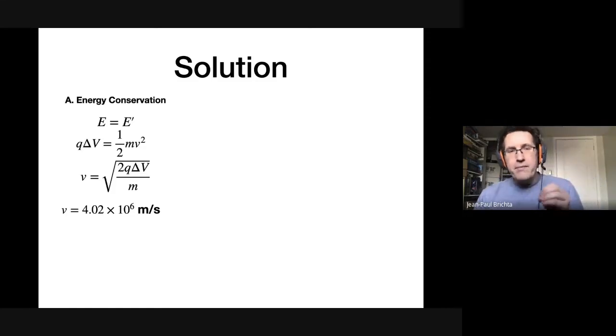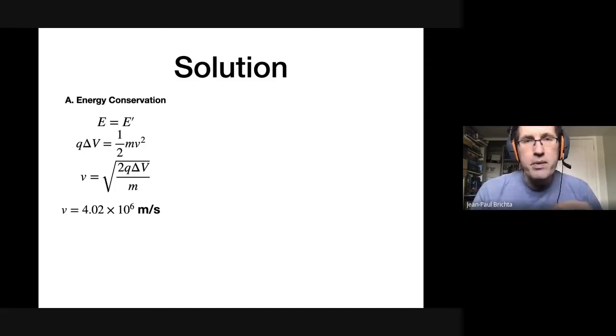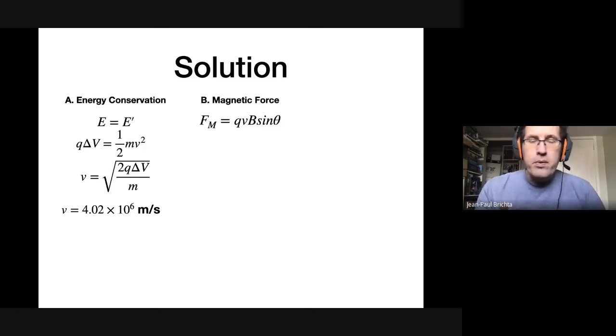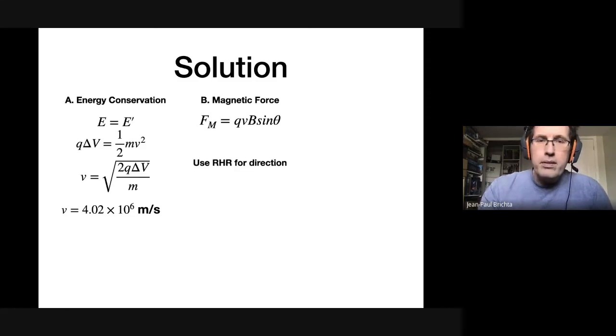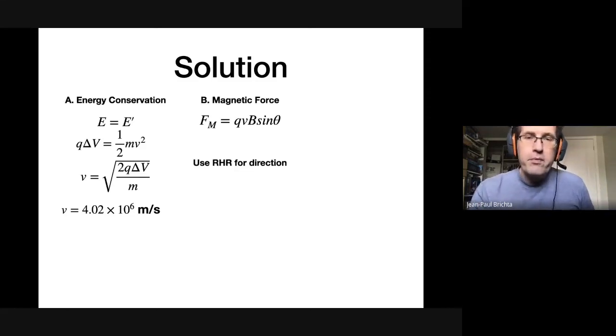So now that we have our electron, accelerated up to 4.02 times 10 to the 6 meters per second, it's going to interact with the magnetic field. Now we want to figure out how strong a force the electron will feel. In order to do that, we use the equation for the magnetic force on a moving charge, and remember to use your right-hand rule for the direction.